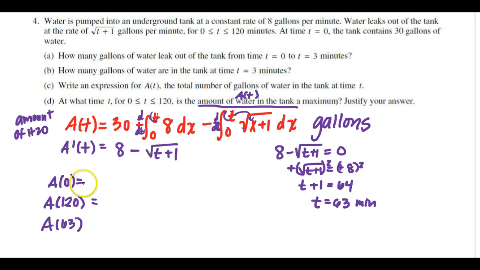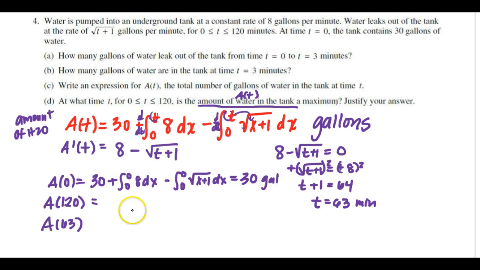So now it's a matter of substituting these numbers into this a of t function and then determining what is the biggest value. So a of 0 is going to be 30 plus the integral from 0 to 0 of 8 dx minus the integral from 0 to 0 of radical x plus 1 dx. So that one's nice, 0 to 0. These two integrals are 0, so the answer is 30 gallons.